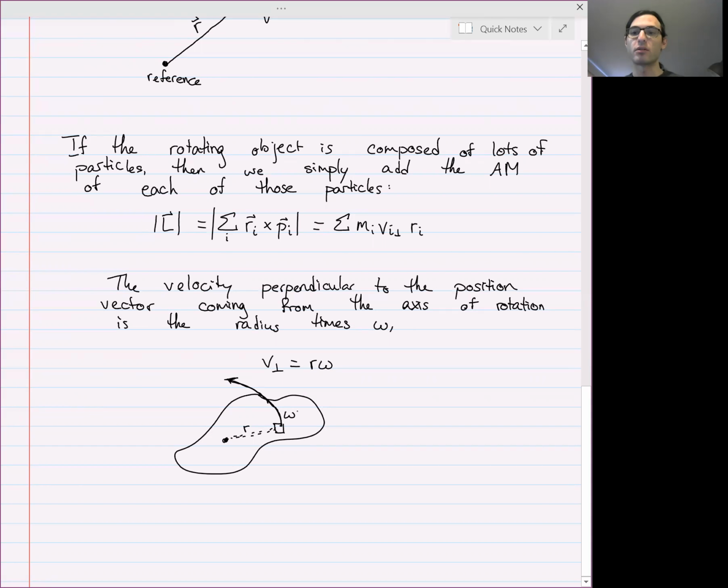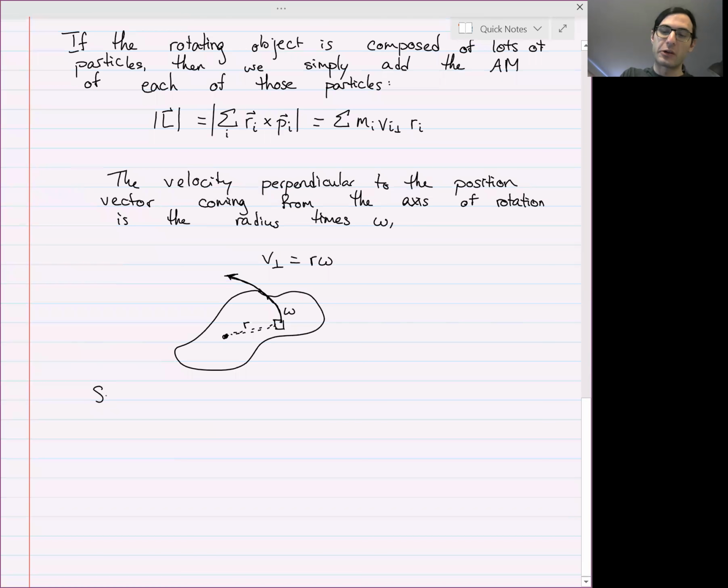That's all we're saying, because that motion is perpendicular to the vector that points from the origin to the location of the object. So from that fact, we can write the following result: the angular momentum L is the sum of mi, the mass of an individual chunk, times ri omega, because each chunk rotates with the same angular velocity since it's all glued together, times ri.